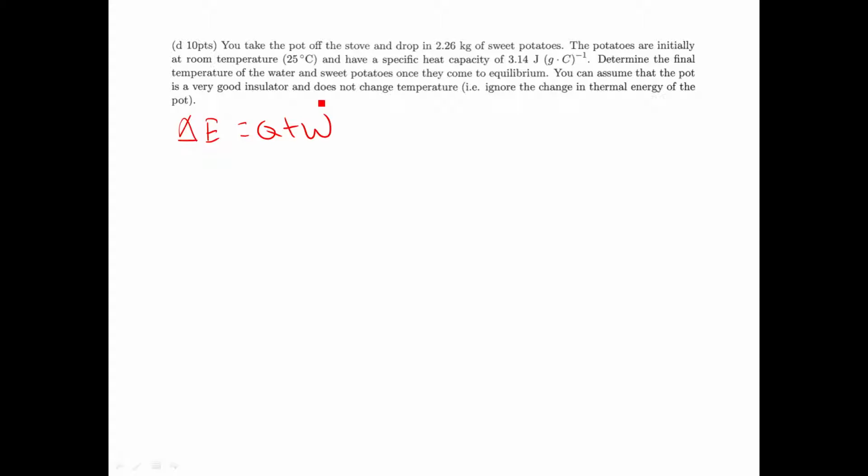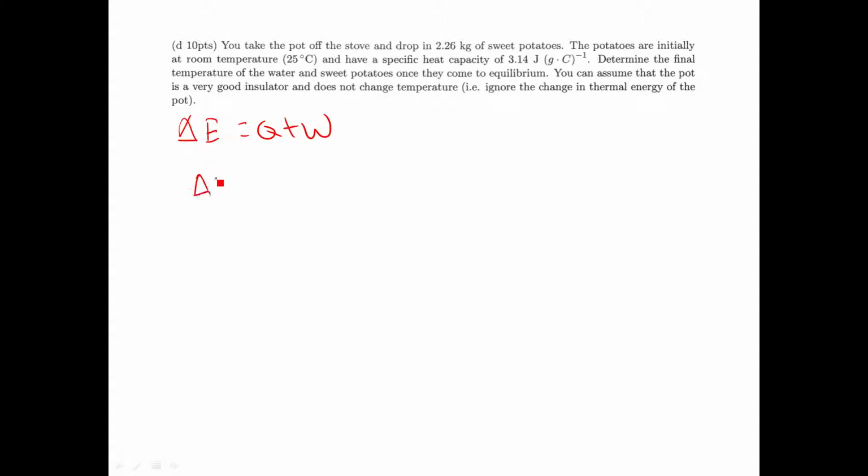And so we can ignore the delta E therm of the pot. When you dump these potatoes in and let them come to equilibrium, you know that the temperatures are both going to be the same. So basically both of the delta E thermals are going to be the same.